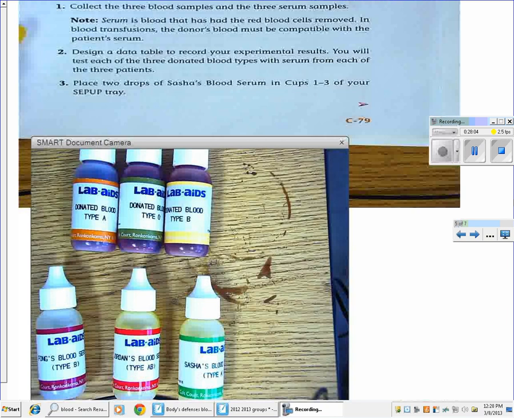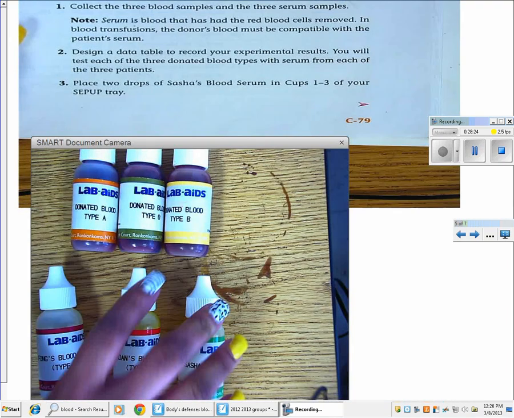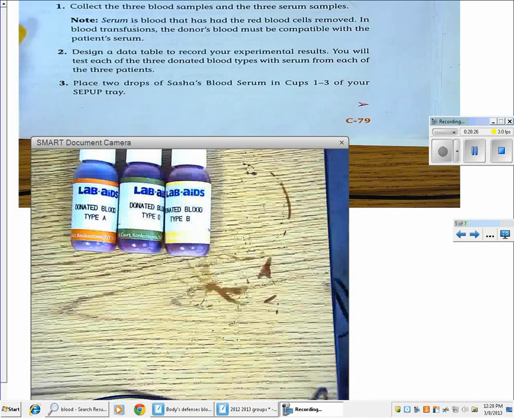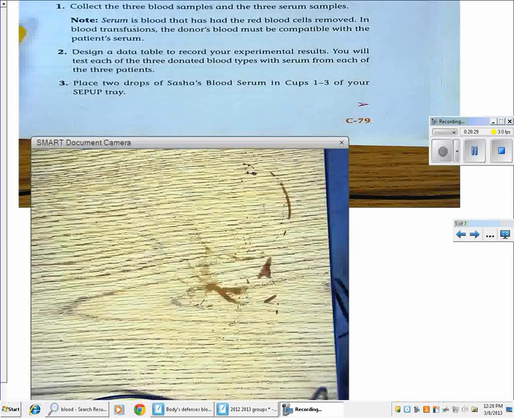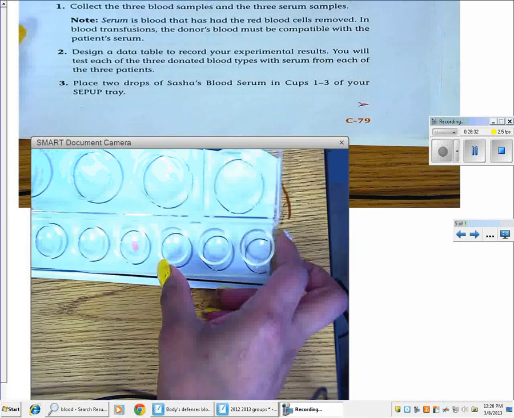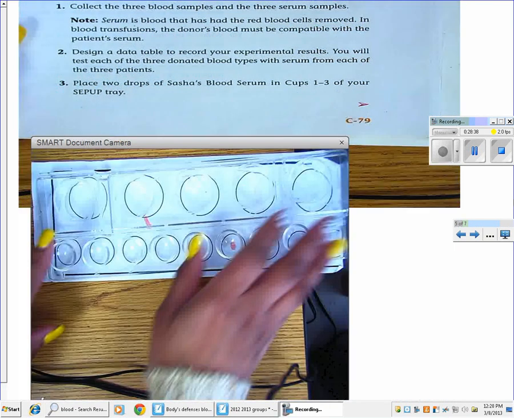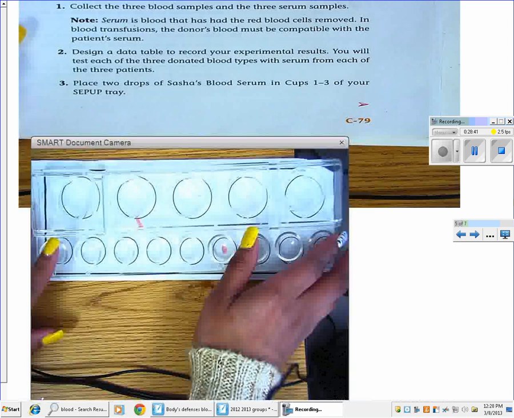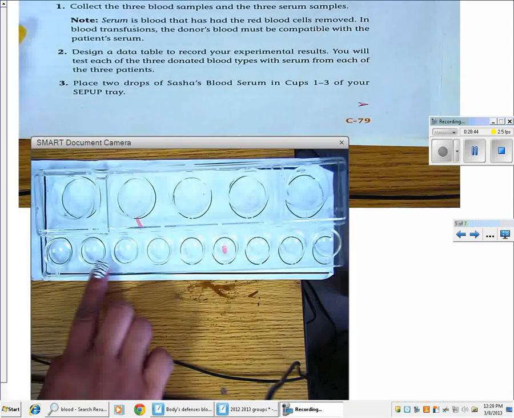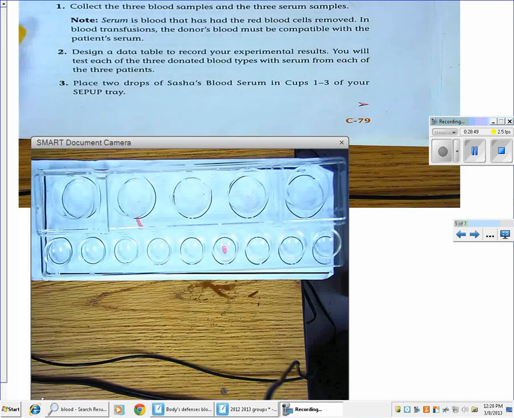We're going to design a data table, which is already on your lab sheet, so you do not need to do that. We will test each of the 3 donated blood types with the serum from each of the 3 patients. We're going to place 2 drops of Sasha's blood serum in cups 1, 2, and 3.